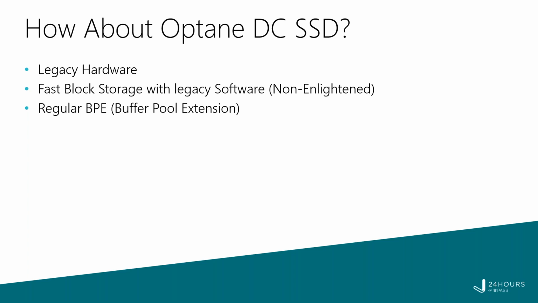It is an NVMe device. It's the fastest NVMe device we can find today, and there are lots of use cases we can think about. Just think, I really need a fast disk device on my current hardware, and you can think about Optane DC SSD.